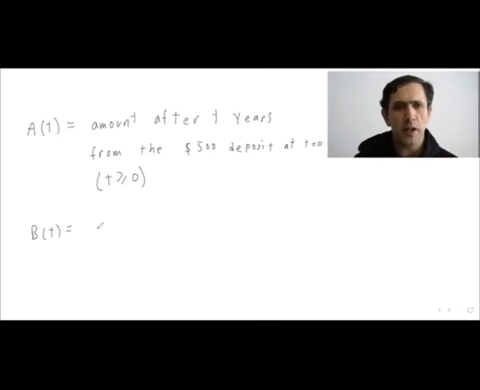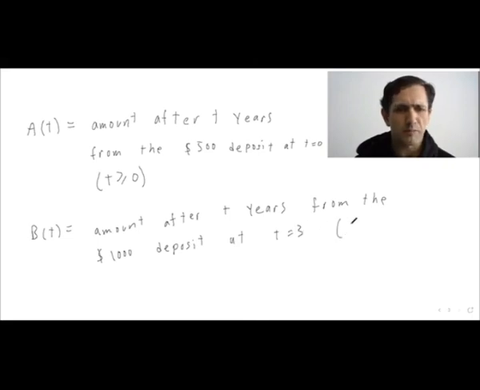So let's say B of t is the amount after t years from the $1,000 deposit after 3 years, which is at t equals 0.